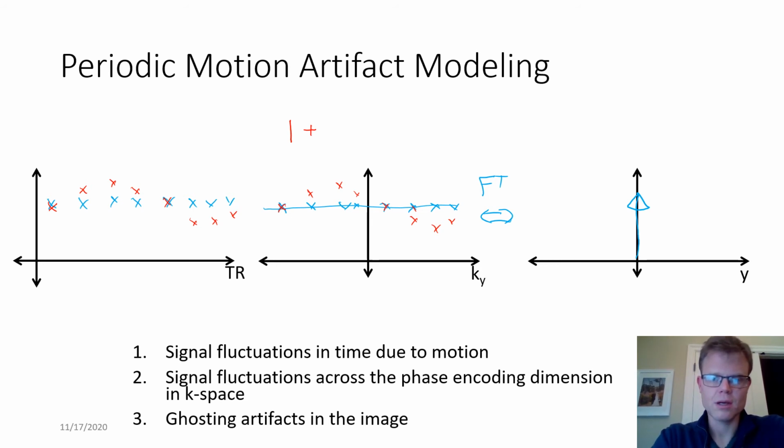And for simplicity, we're going to say this is some cosine function, and we'll say it's at some motion frequency across k-space, for example.